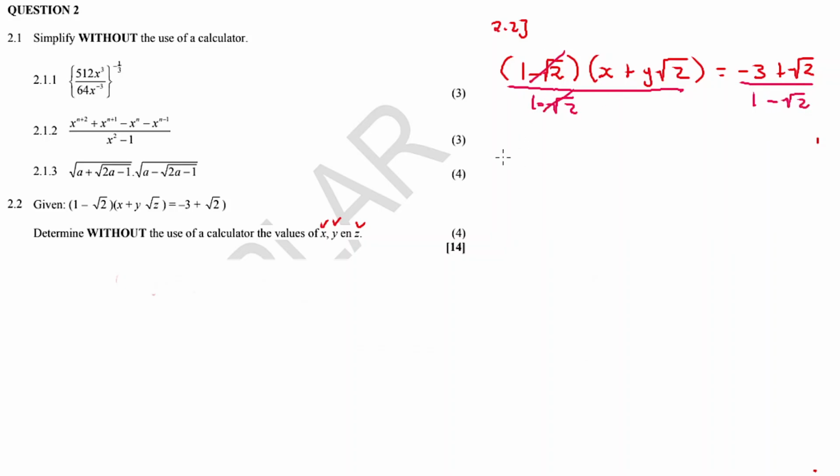Cancel, ngisala no x plus y, the square root of z equal to minus 3 plus the square root of 2. Then go by 1 minus the square root of 2.